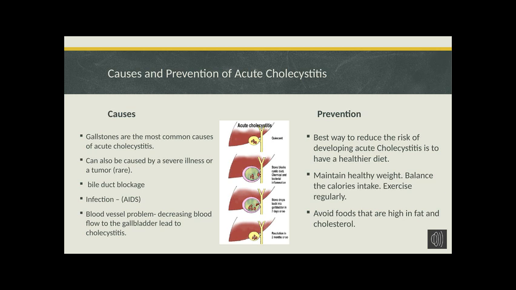A growth in your pancreas or liver can stop it from draining. Bile duct blockage and blood vessel problems. Decreased blood flow to the gallbladder can lead to cholecystitis disease.